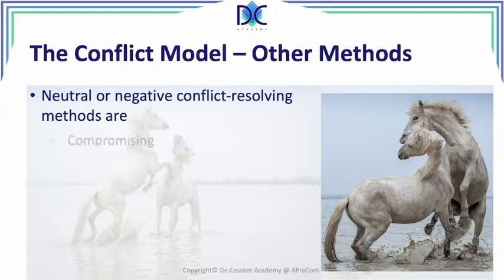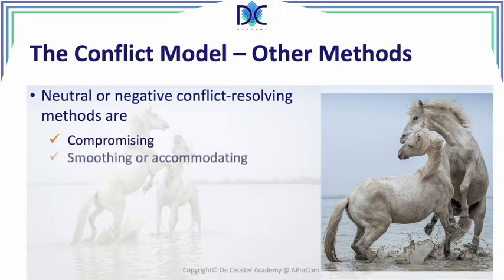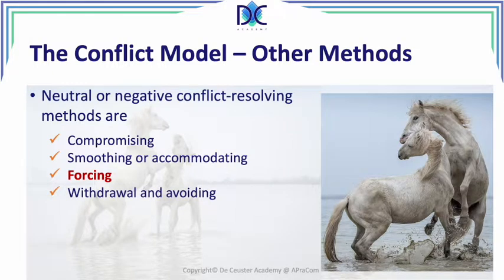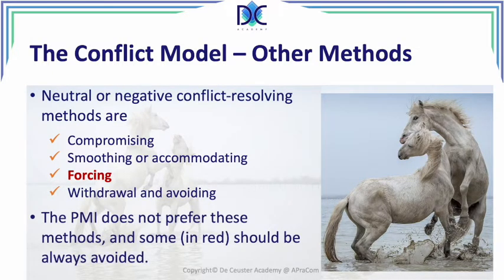First of all, we have compromising, smoothing or accommodating, and forcing, which is in red. It's considered a very negative method, but it can be applied in certain cases. We also have withdrawal and avoiding. PMI is not in favor of forcing. That's why forcing is in red.